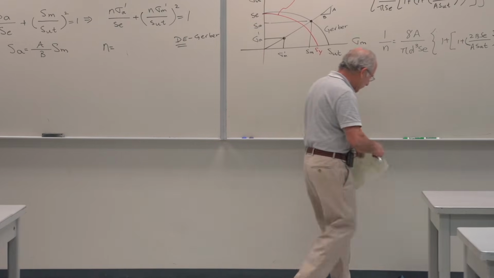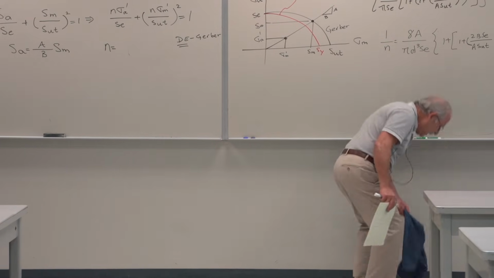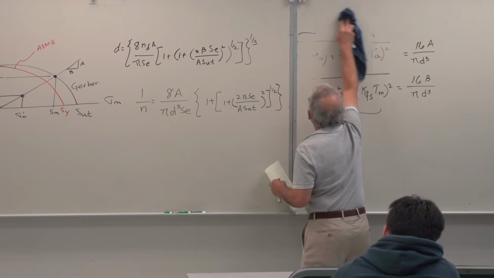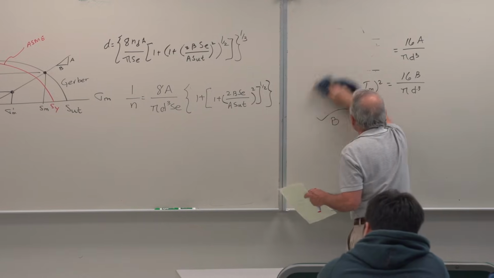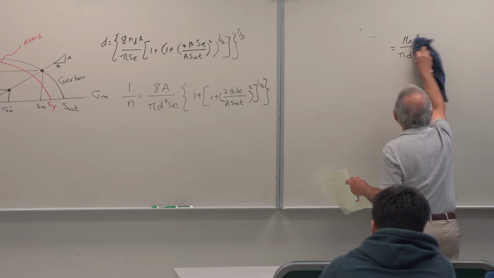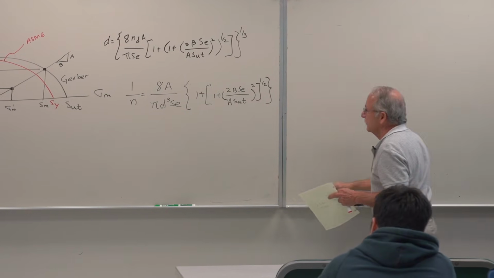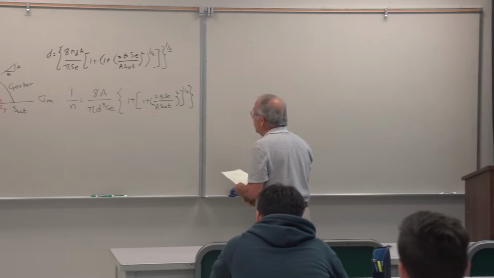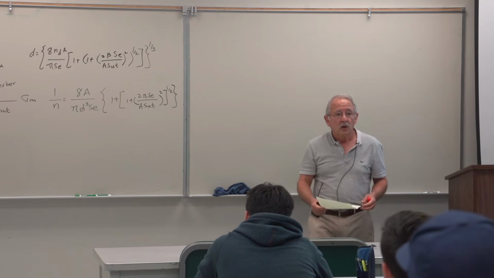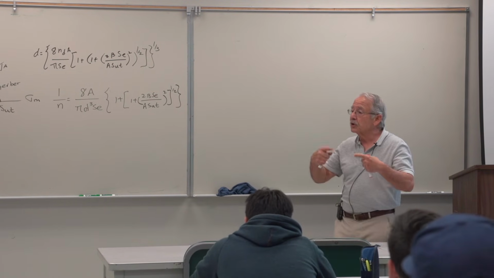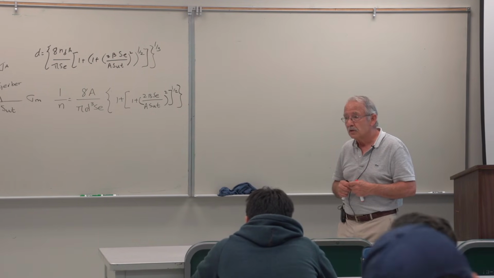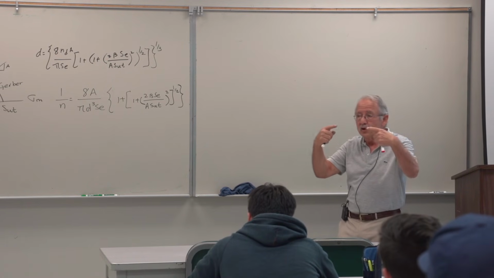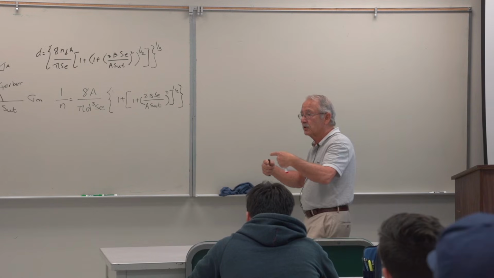One special case I want to write, because it occurs most often. And that is when you have a completely reversed normal stress. In other words, the bending moment is constant, the shaft is rotating. Completely reversed bending stress.